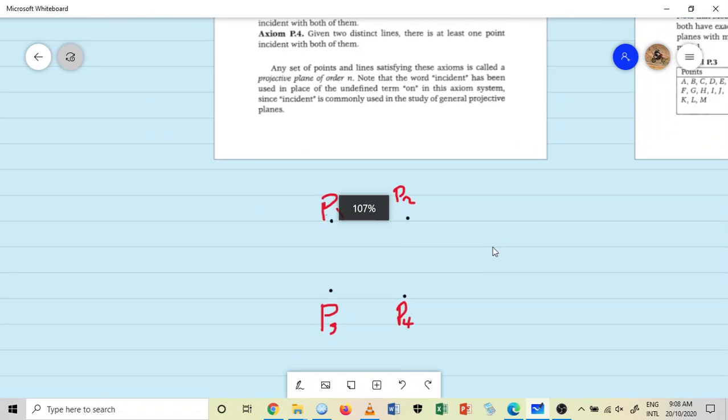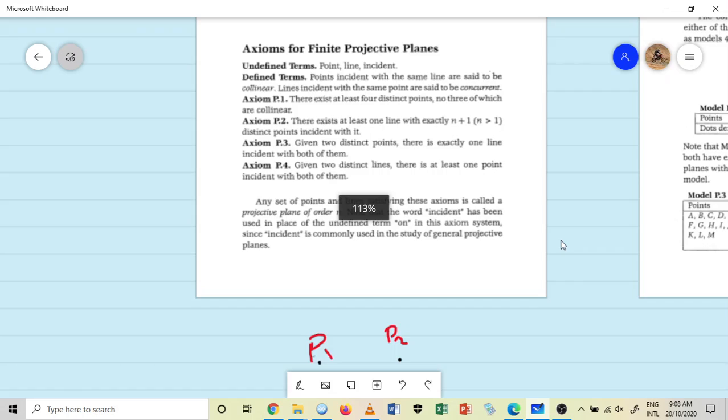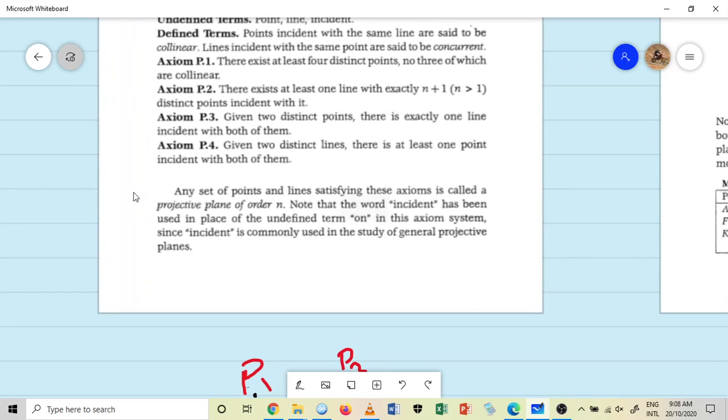Next, we have the axiom: there exists at least one line with exactly n plus 1, where n is greater than 1, distinct points incident with it.